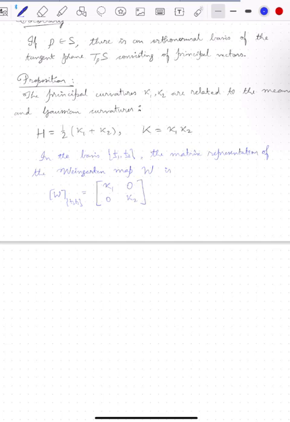So this is the matrix representation in terms of the principal basis, right? So of course it's very clear that the Gaussian curvature is the determinant of W in this basis T1, T2, and this comes out to be simply the product kappa 1 kappa 2. Likewise, H is equal to half of the trace of W in this basis, so it comes out to be half of kappa 1 plus kappa 2. So that's how it is, right?